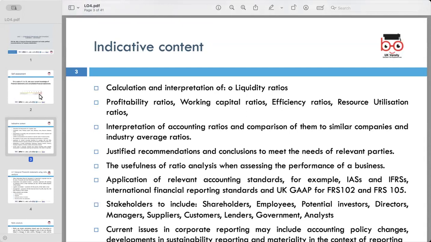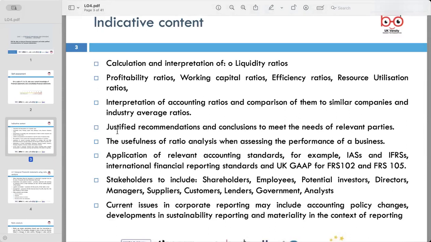Indicative content: today we will discuss calculation and interpretation of ratios, liquidity ratios, profitability ratios, interpretation of accounting ratios and comparison of them to similar companies, justified recommendations and conclusions to meet the needs of relevant parties, and the usefulness of ratio analysis when assessing the performance of a business.